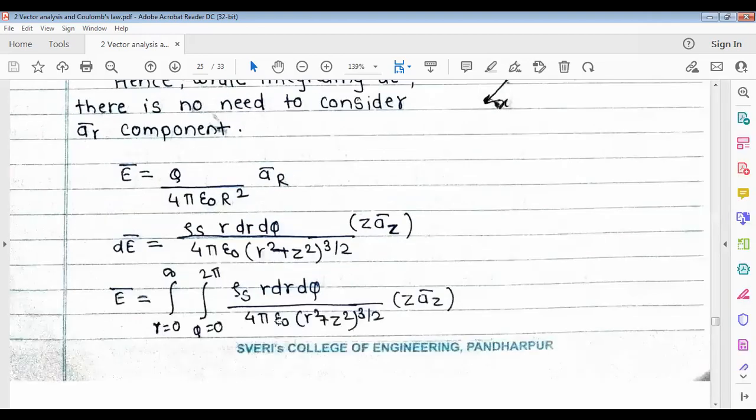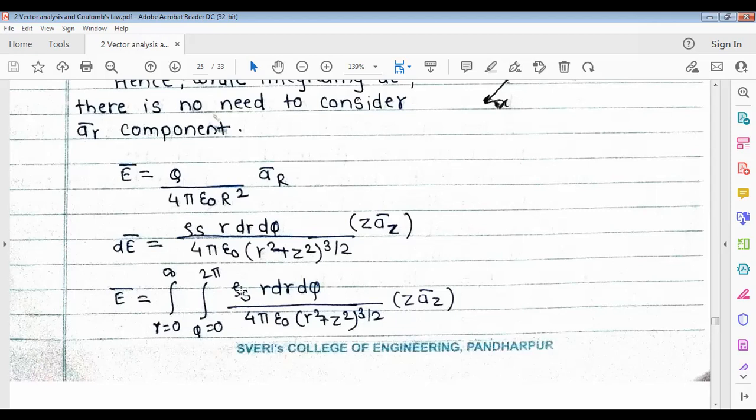Then this phi is varying from 0 to 2 pi. We know that angle phi varies from 0 to 2 pi, and angle theta in the spherical system varies from 0 to pi.